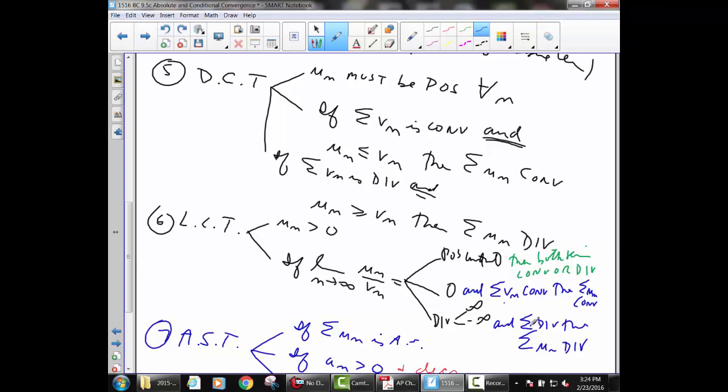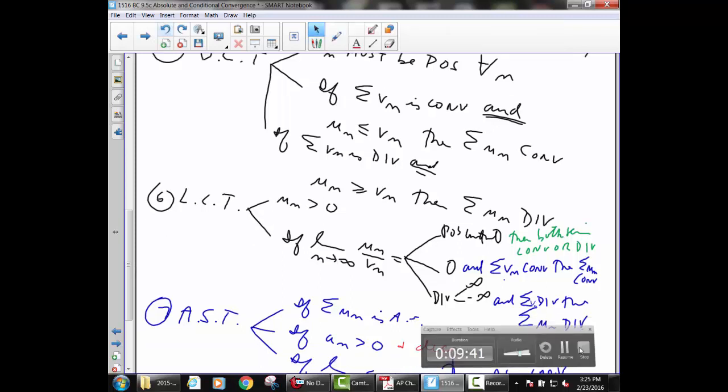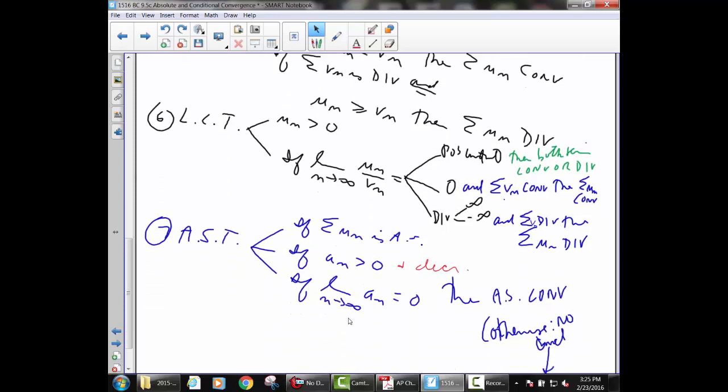Okay, so if that limit was equal to infinity or negative infinity, and the series you were comparing it to diverged, then your series diverges.